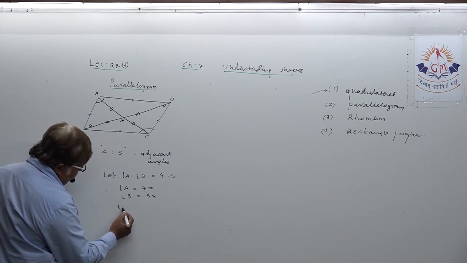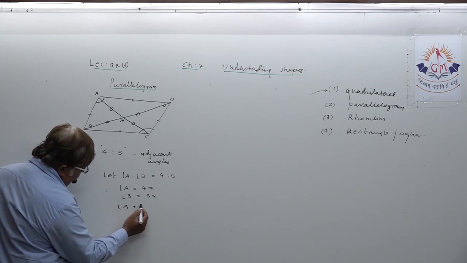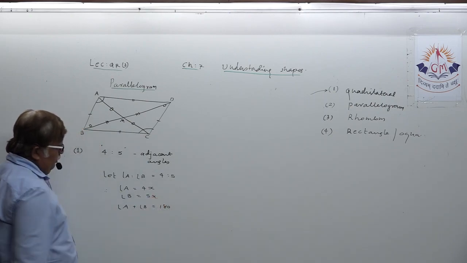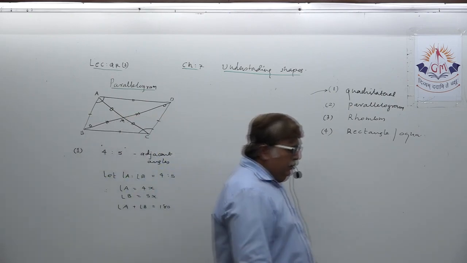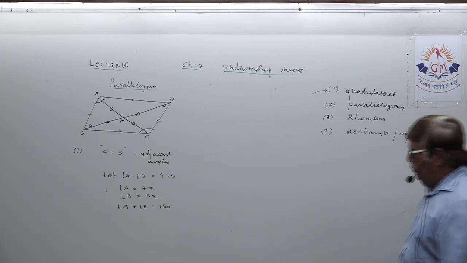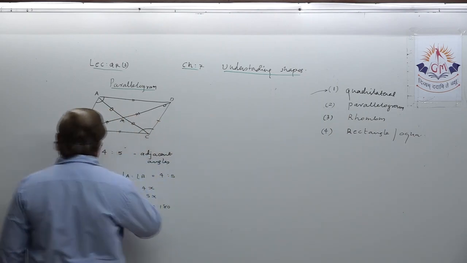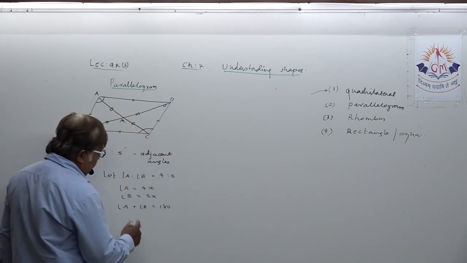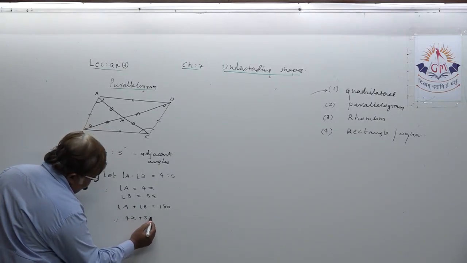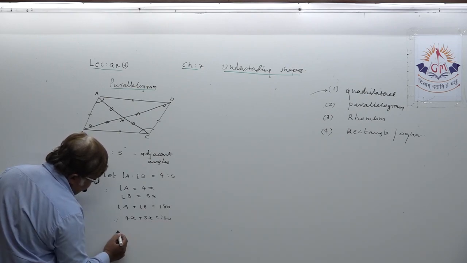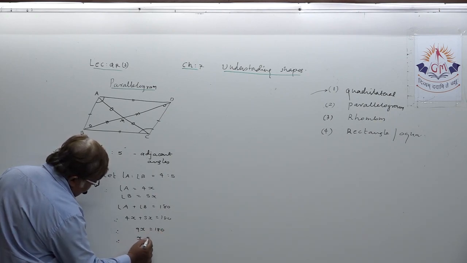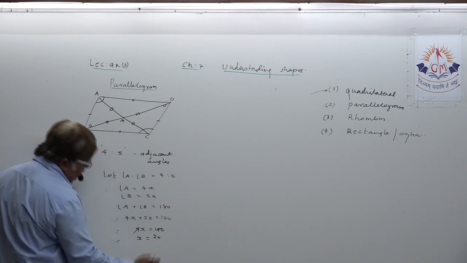Now, as I told you, adjacent angles are supplementary. That means, please note down, angle A plus angle B equals 180 degrees. Any adjacent angles you can target. 4x plus 5x equal to 180. 9x equal to 180. 9 will divide, x equal to 20.